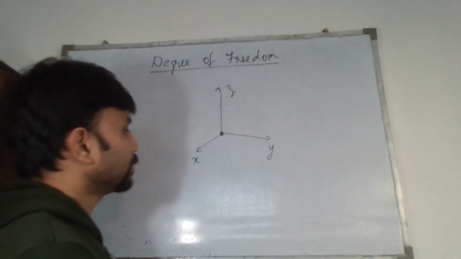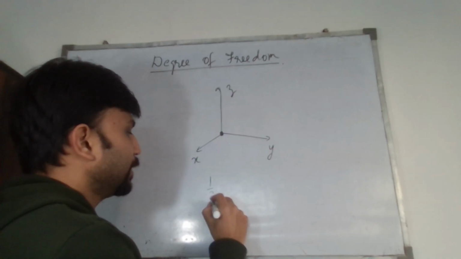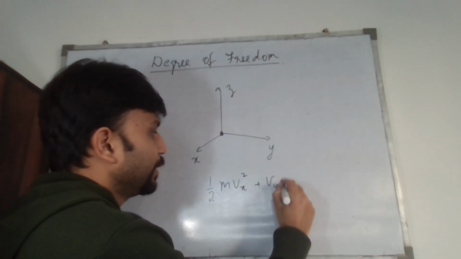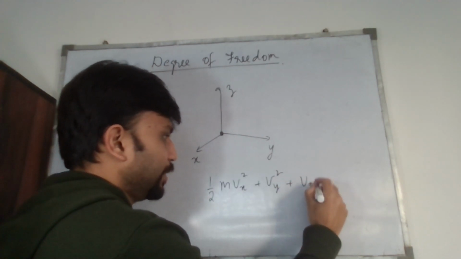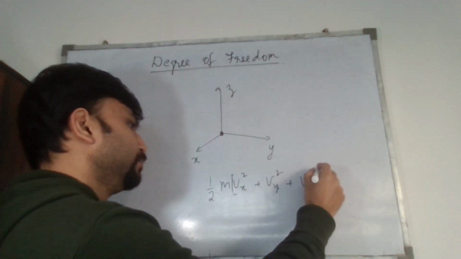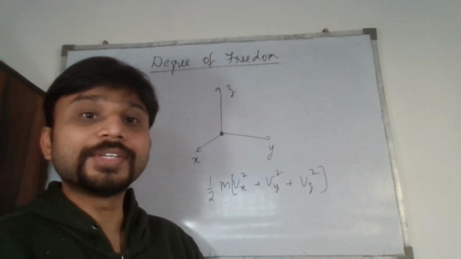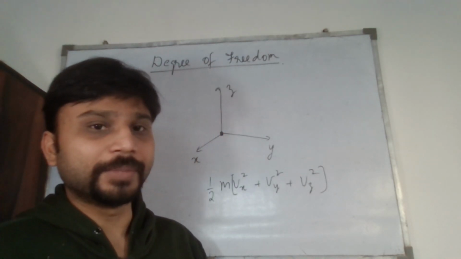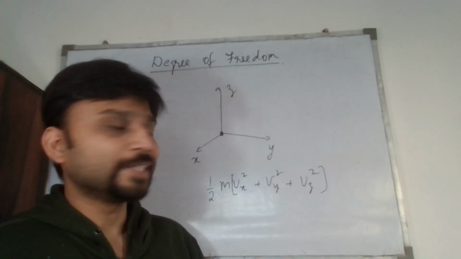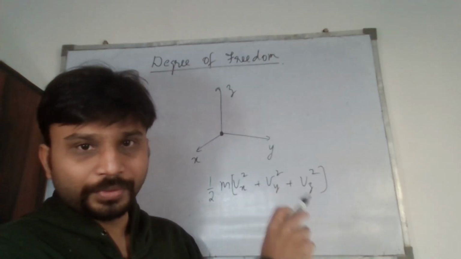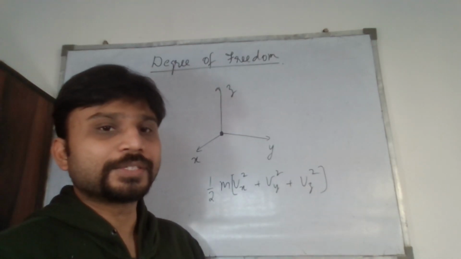So, it will have velocities like vx, vy, and vz. So when we write the kinetic energy of said particle, it would be half m times vx square plus vy square plus vz square.